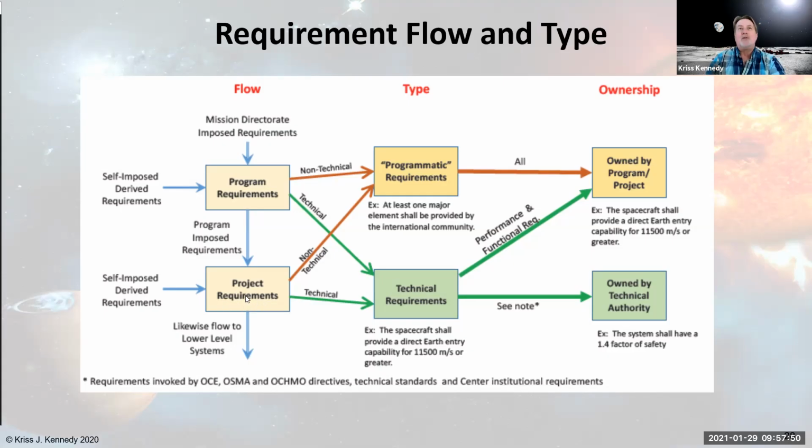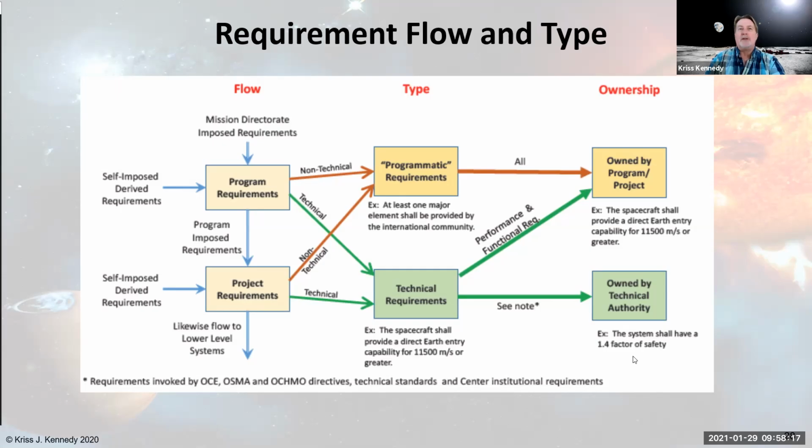So from that, you've got the interrelationship of the type. You've got programmatic requirements and technical requirements, which is your functional and performance requirements. Those functional performance requirements are owned by the program and project, and part of those technical requirements are owned by the technical authority.